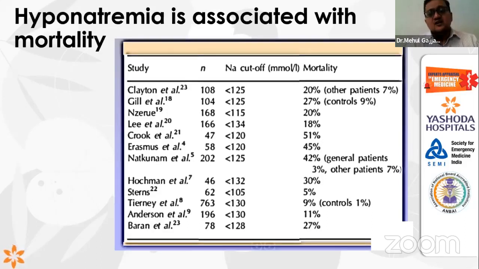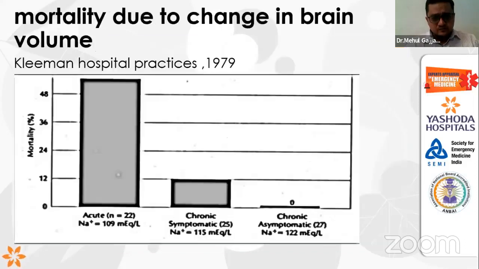Some studies mention that the rate is very high, like 51% or 45%, like studies done by Catil and Erasmus et al. But on an average, the mortality rate in severe hyponatremia is around 20 to 25%, which is demonstrated by the studies. So hyponatremia is not only commonly prevalent, but it is also a serious issue.